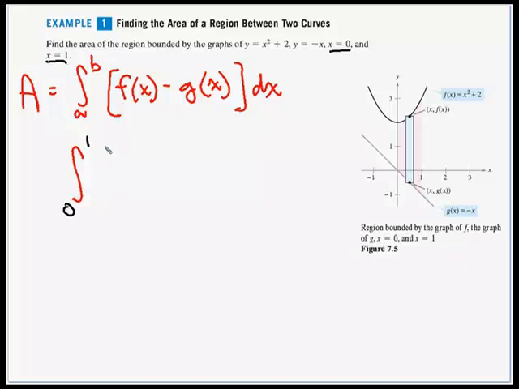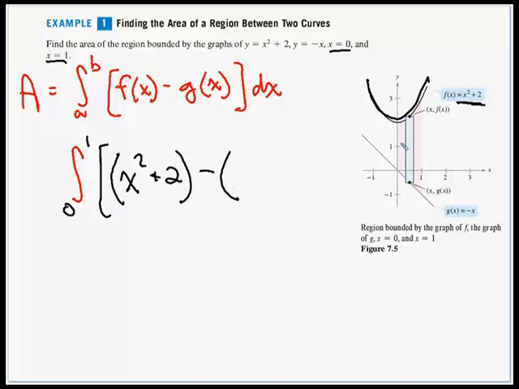We need our upper function. What function is always higher than the other? Well, here we can see it's the parabola, and that is the x squared plus 2 function. So we're going to have our f of x function is x squared plus 2, and then we're going to minus the other function, the lower function. And for that, g of x was negative x. And we are integrating with respect to x.